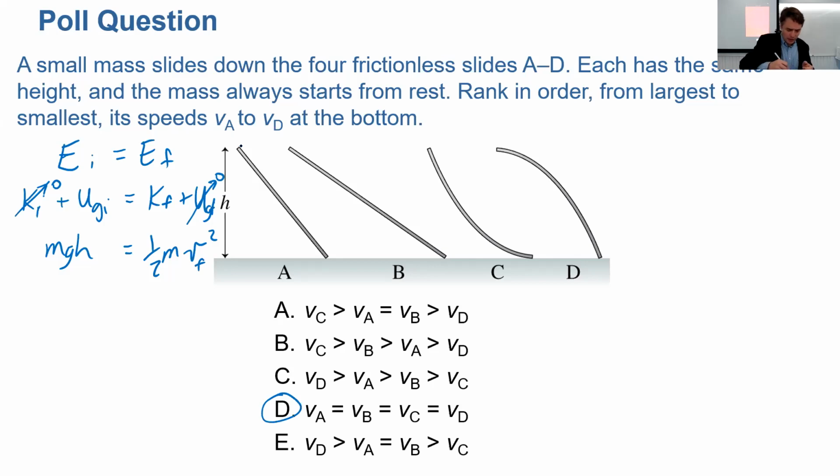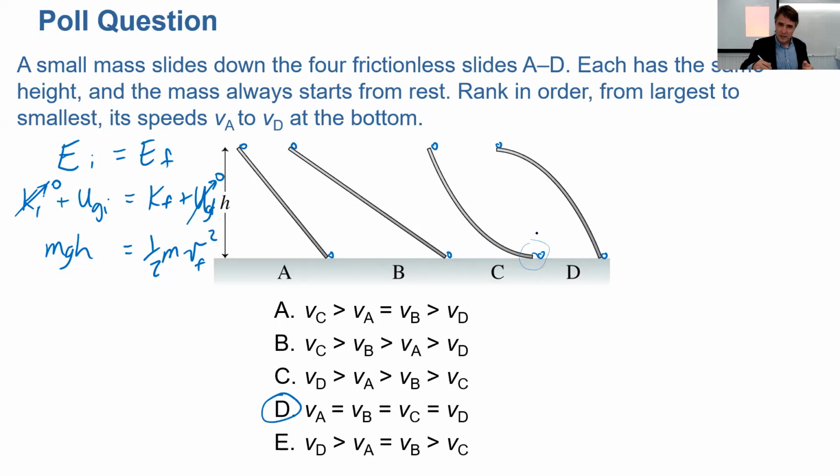It's a little hard to picture it. I think what we're assuming is that for all of these things, they start at the exact same height and they end at the exact same height. And all that matters is what the change in the height is, right? Maybe I see what you mean. Like you're thinking this would be a little higher on C?